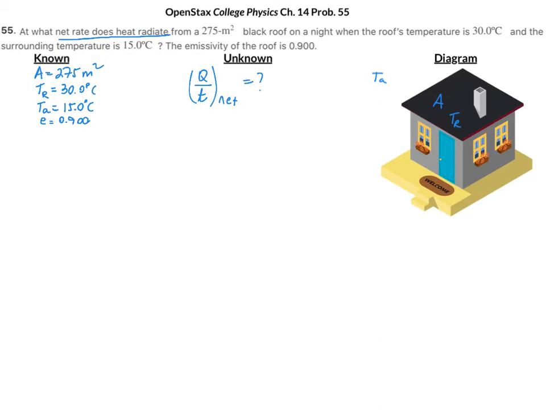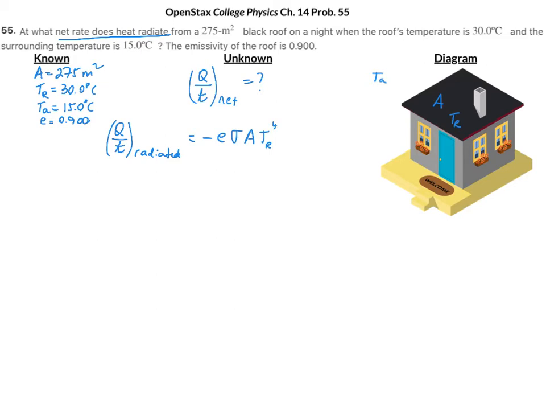All right. Any object will both absorb radiation and emit radiation. The amount of heat radiated by the roof will be negative because it gives off heat. It doesn't absorb heat. It's negative e sigma A T roof to the fourth power.